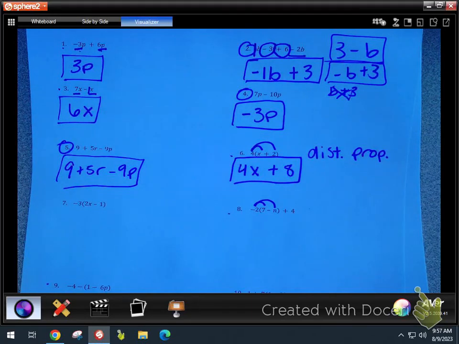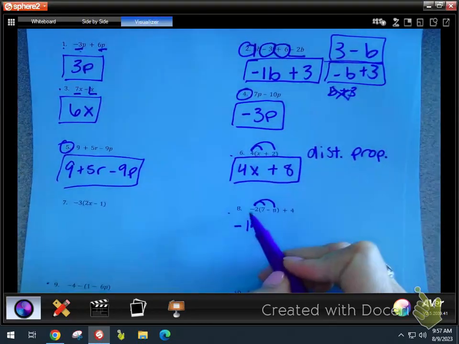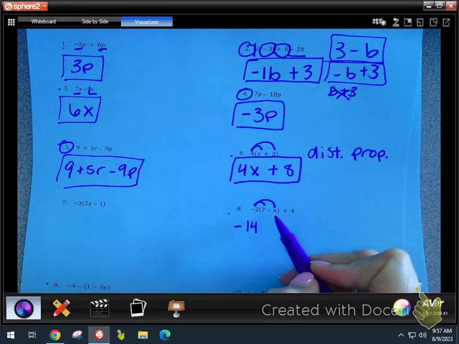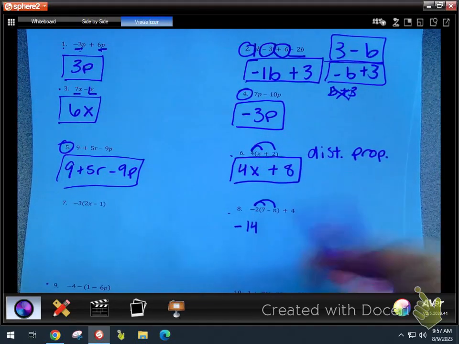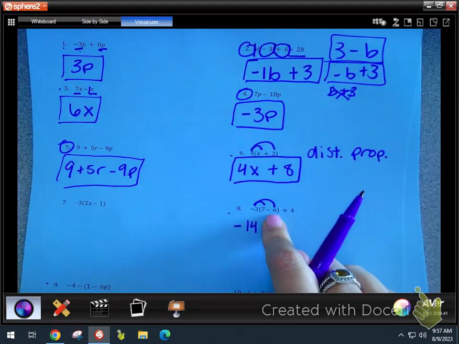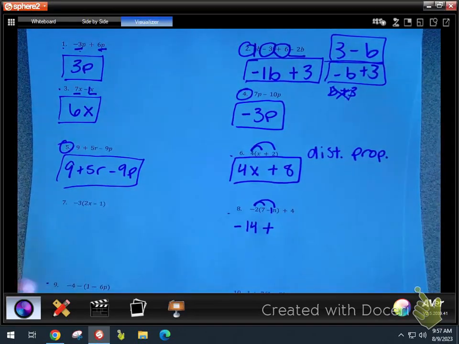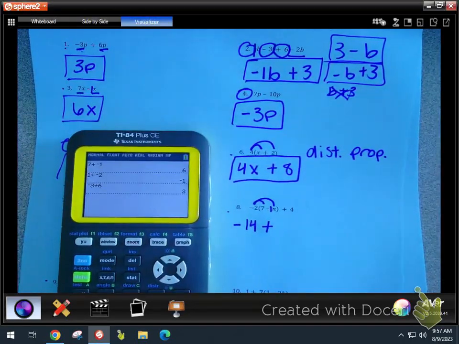Negative 2 times positive 7 is what? Negative 14. Negative 2 times negative n. What's a negative times a negative? Positive. What can you write in front of that n if you needed to know what to type in your calculator? You could put a 1, and it's like a negative 1. And this is a big one, the negative times a negative.